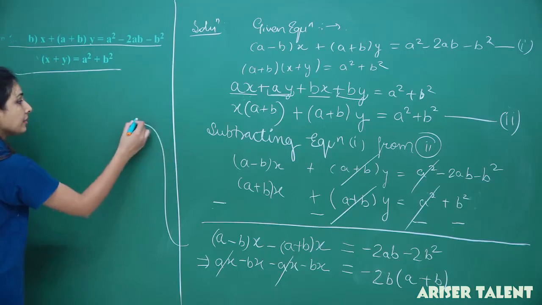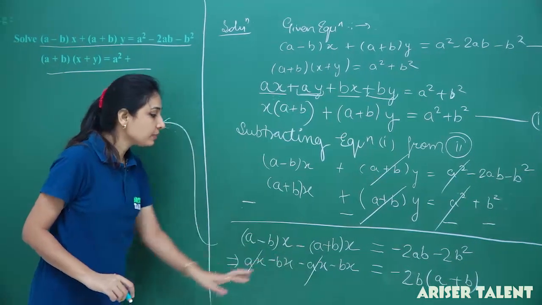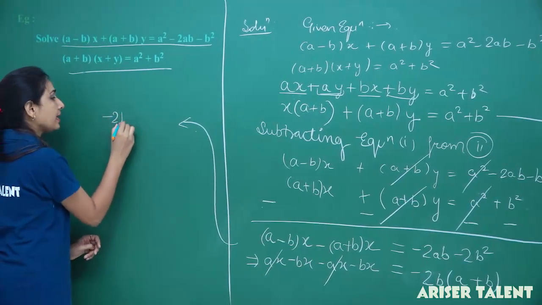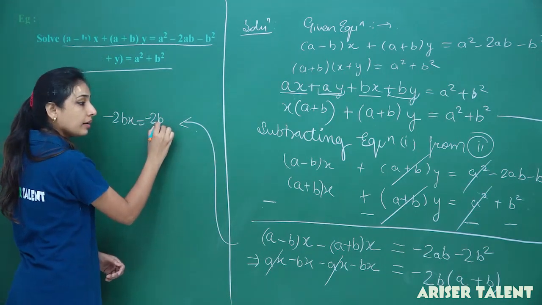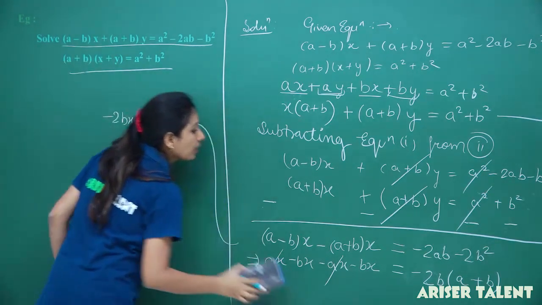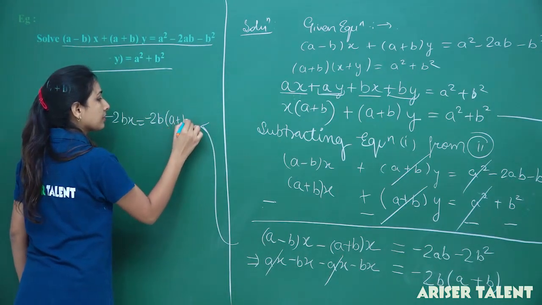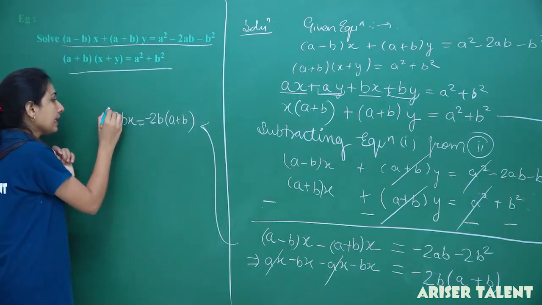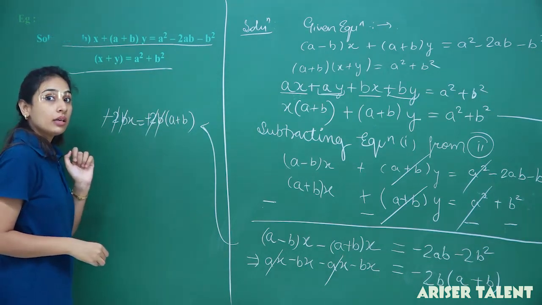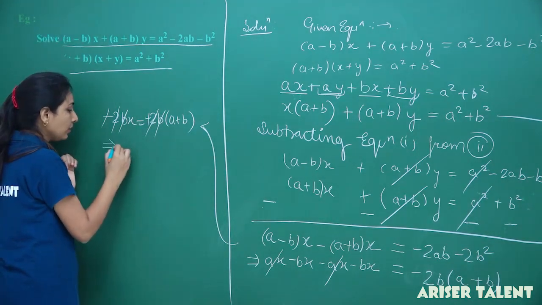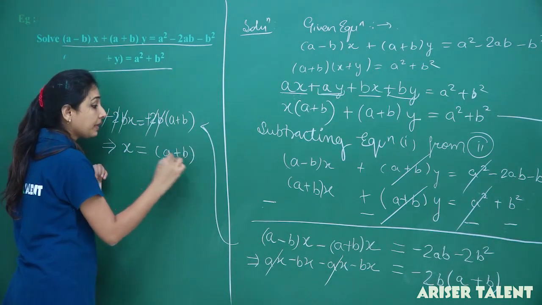Now come to this side. Okay, students, now I am having minus bx and minus bx, so minus 2bx equals minus 2b multiplied by (a plus b). Now student, can I cut these signs and these b, because they are on both sides? They will be cut. x equals a plus b.